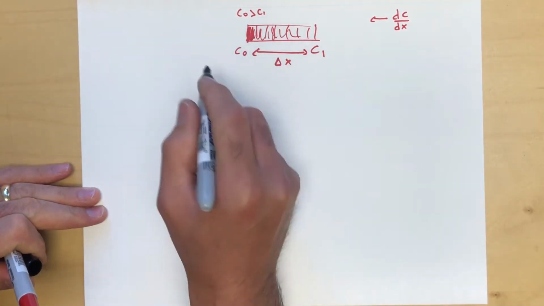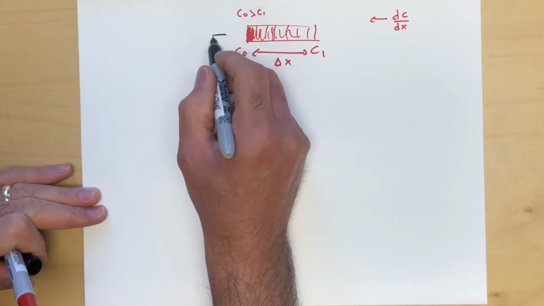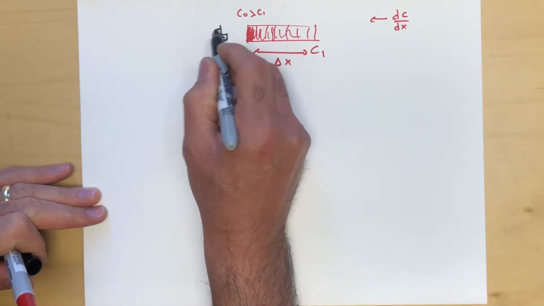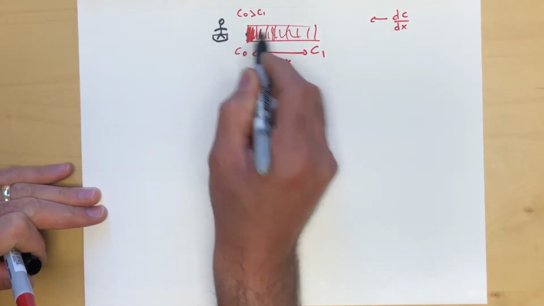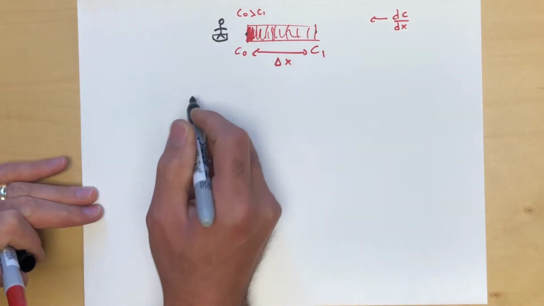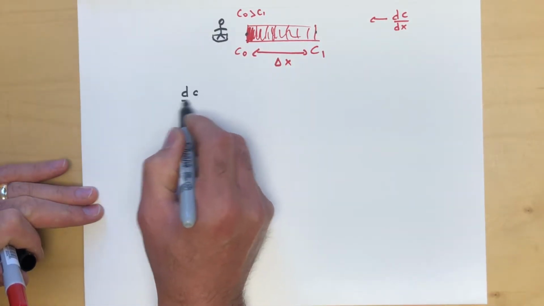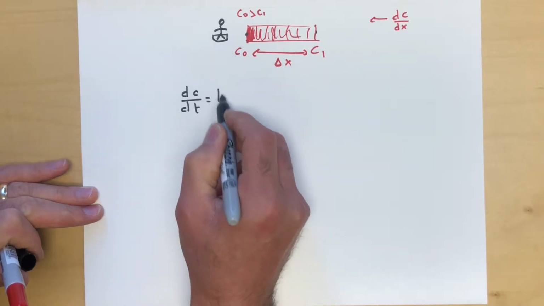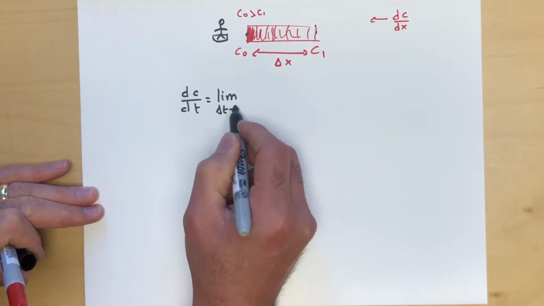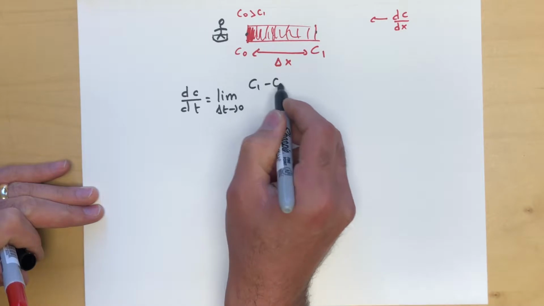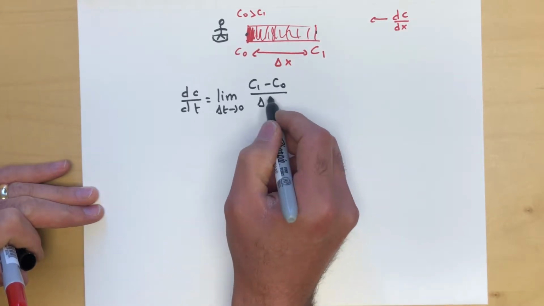Okay, from the perspective of the person on the boat, they're going to be here. They're going to come, they're going to hit C0, and then they're going to hit C1. So from their perspective, dC by dt is the limit as delta t approaches 0 of (C1 minus C0) over delta t.